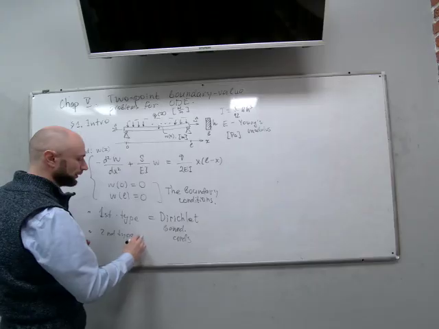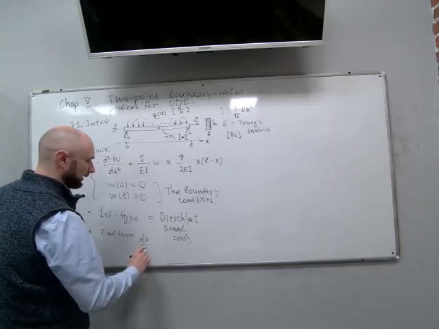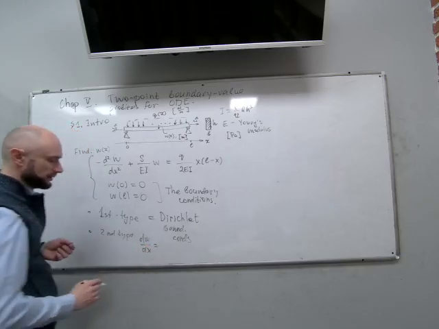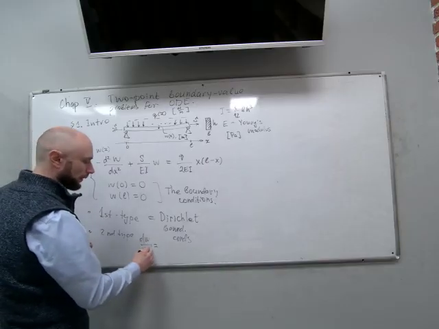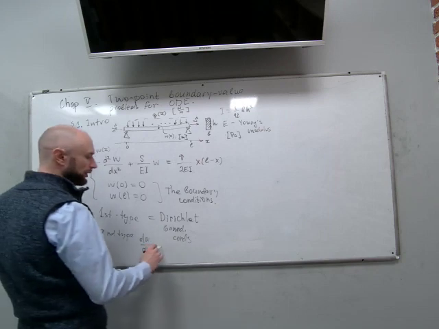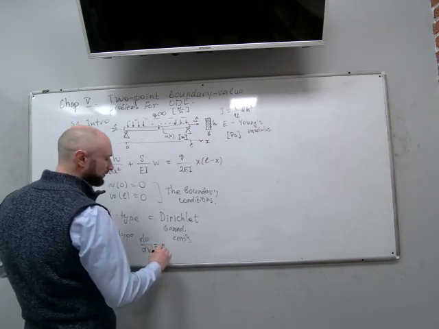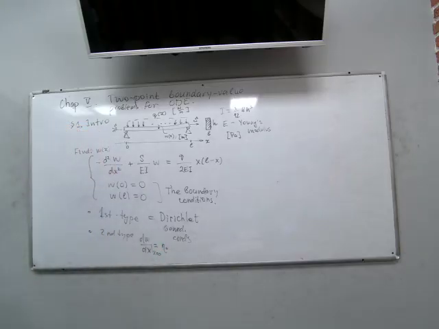We can define this condition of second type. For example, let's imagine that we have it on the left end. The condition will look like this: the derivative of the function w at the point x equal to 0 is some predefined value, equal to some eta 0.